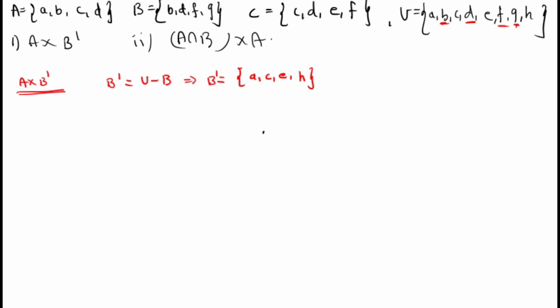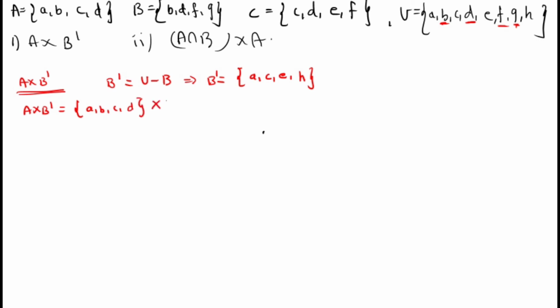Okay, now A cross B dash. A cross B dash is equal to, what is A? A is here, it's given, right? In the question they mentioned A is equal to {A, B, C, D}. So {A, B, C, D} cross, what is B dash?